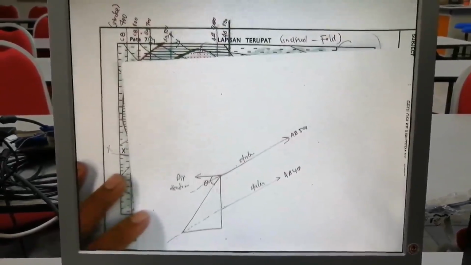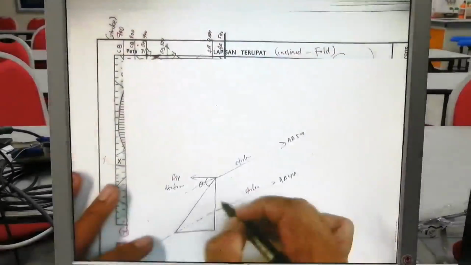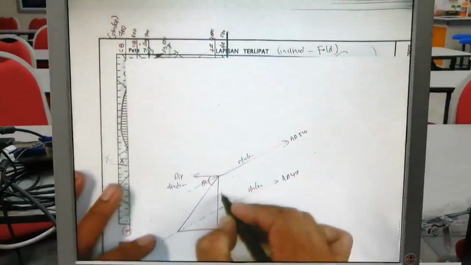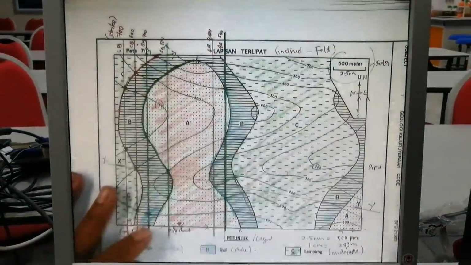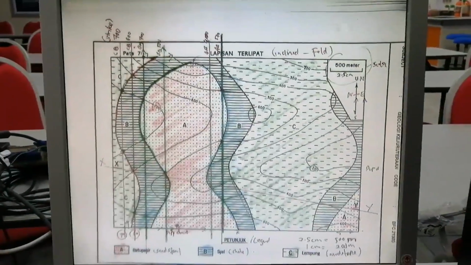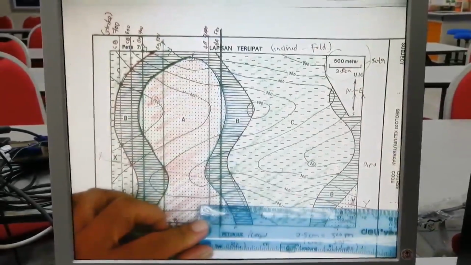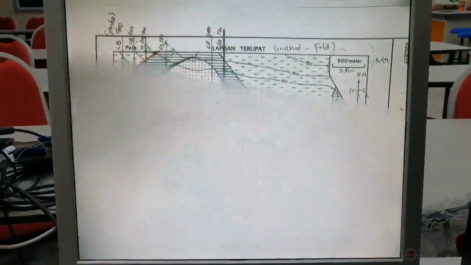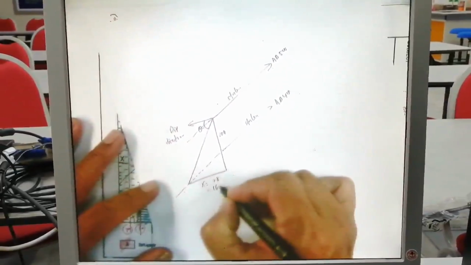So the direction, the angle, so our height, different height is h here is about 500 minus 400 is 100, and then x here is distance between these 2 points, which is 0.8 centimeter, 0.8 equivalent to 160 meter.